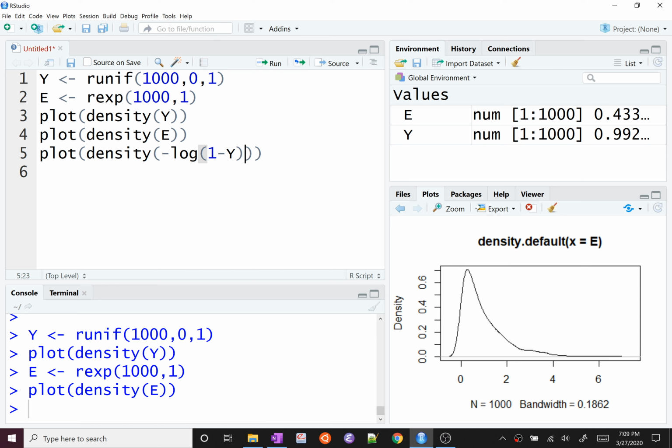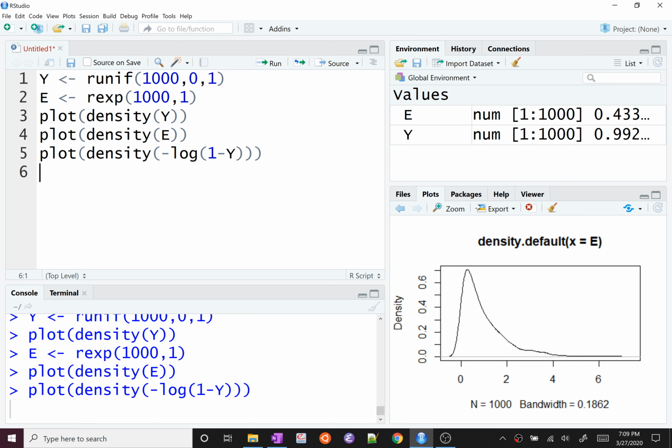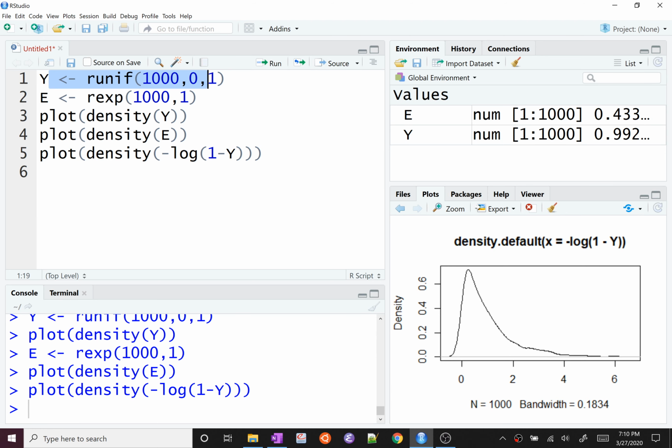If I plug my uniform random variables into this inverse CDF, I could plot the density, and lo and behold, it looks a lot like an exponential. In fact, they are now exponentially distributed. Originally I took my uniformly distributed ones, plugged them into the inverse CDF, and now they follow the distribution that CDF corresponds to.